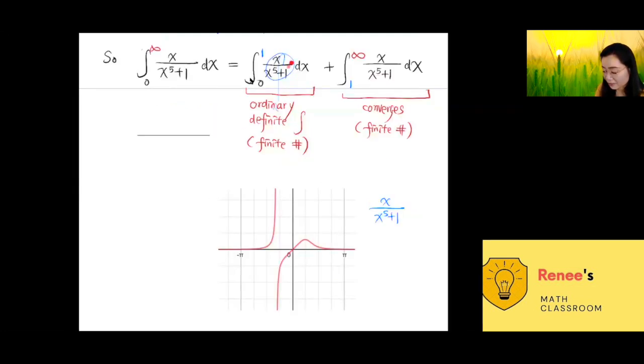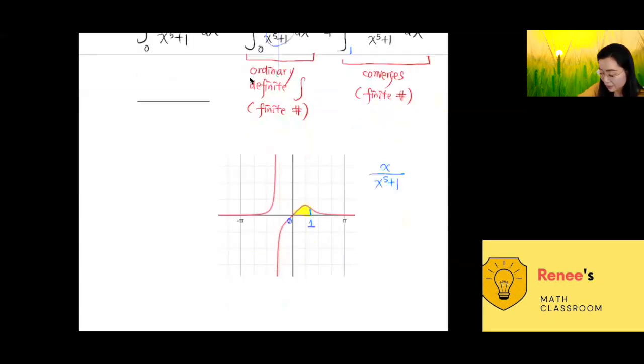Now we're finding this integral from 0 to infinity, so we break it into two parts. The first part goes from 0 to 1, the second one goes from 1 to infinity. The first part over here is an ordinary definite integral, and it corresponds to the area under the curve from 0 to 1, the yellow highlighted part.